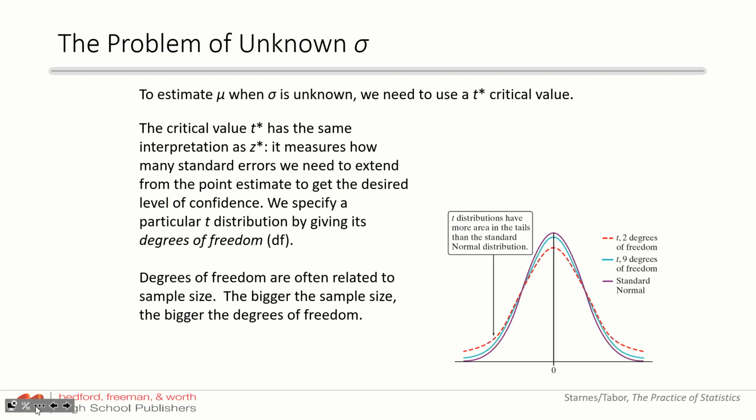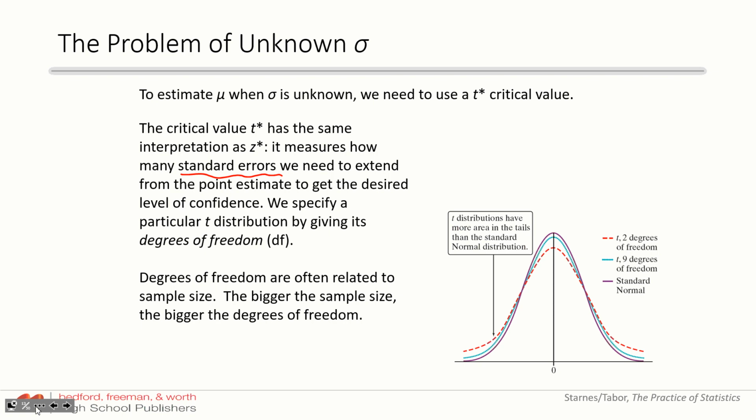So in this first paragraph here, it says the critical value T star has the same interpretation as Z star. It's how many standard errors, and remember, we think of Z as how many standard deviations we are from the mean. We're calling it standard error because we're using X bar and S to approximate.